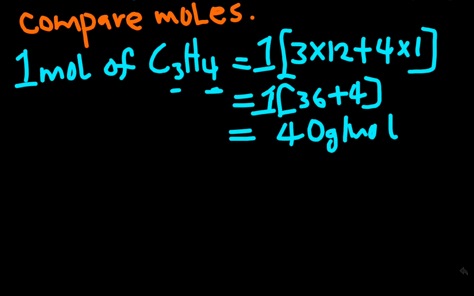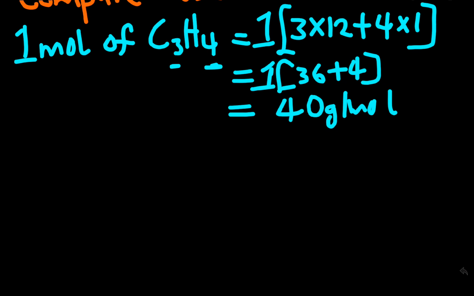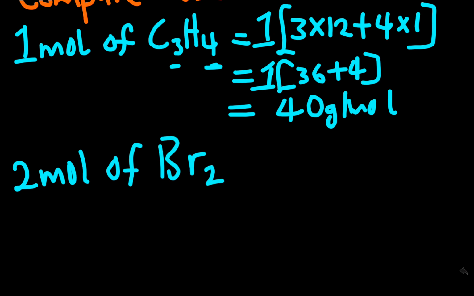Next, we'll do the same thing for our bromine. And now we have how many bromine there? From the equation it is 2Br2, 2 moles of bromine Br2.